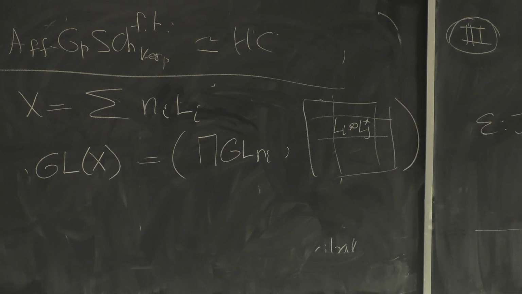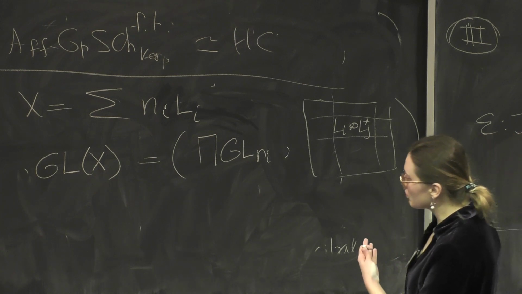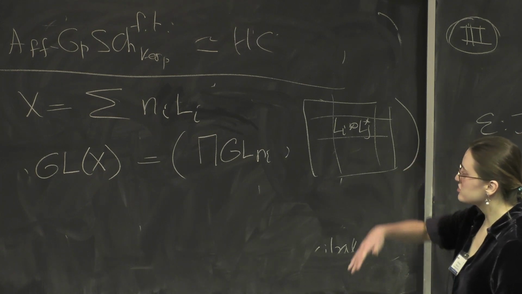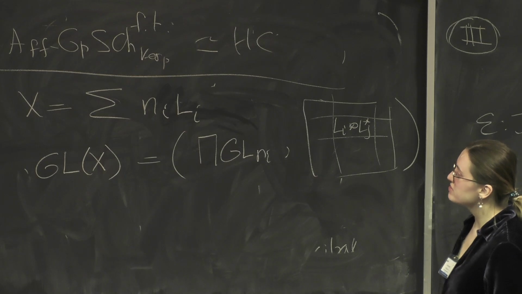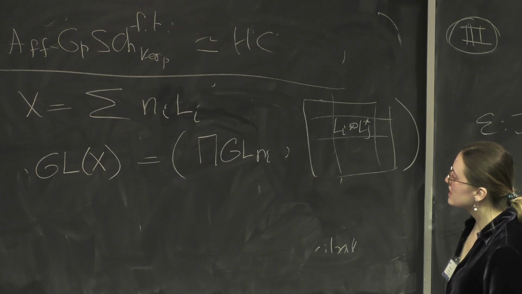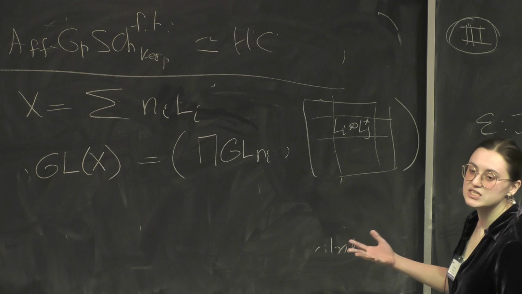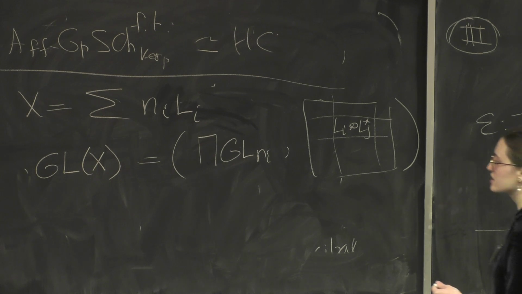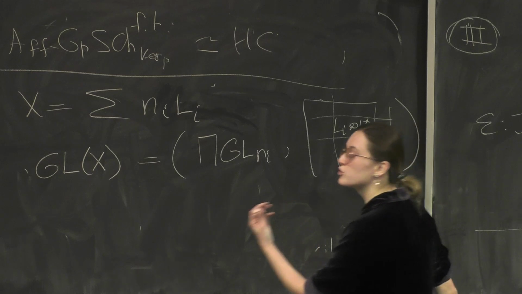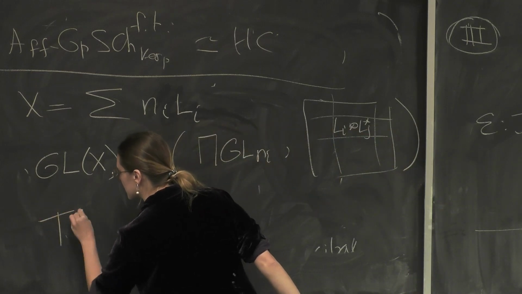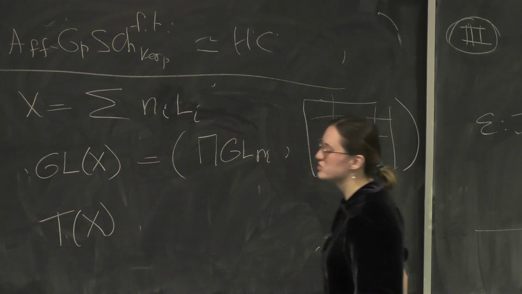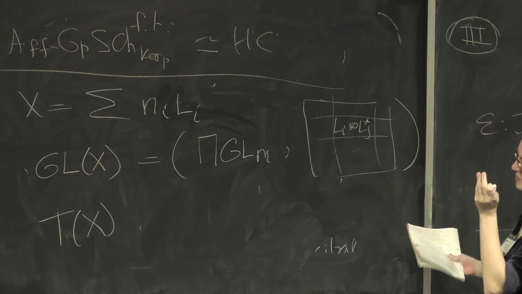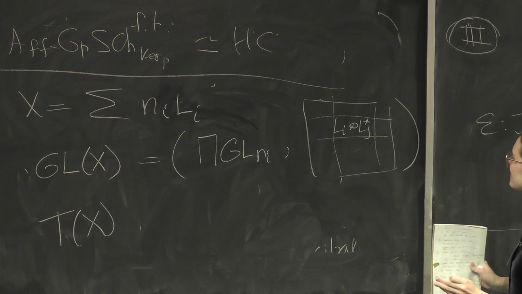Okay, so what Cedar did then, trying to classify representations of this group, is some sort of highest weight theory. Let me give you a quick recap of his result. You can consider some sort of analog of a torus inside GL of X. This torus is more of a Levi subgroup.